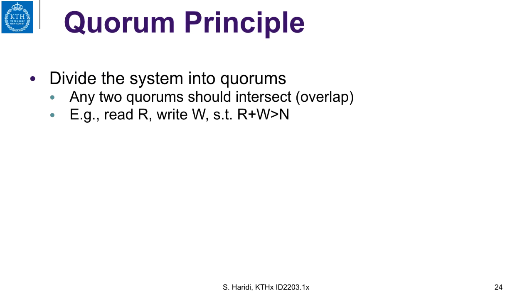So again, the quorum principle, we divide the system into quorums. Any two quorums should intersect and overlap, and we try to overlap read quorums with write quorums. And this implies that the number of processes in the read quorum plus the write quorum is greater than the number of processes in the system.